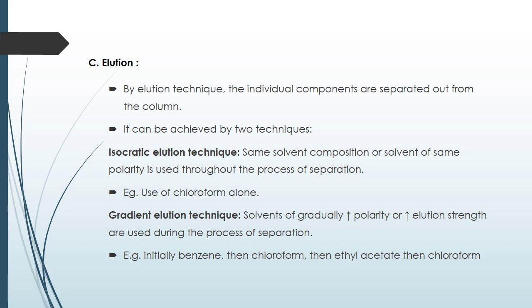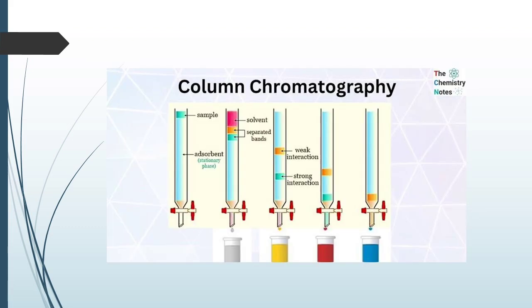Example, use of chloroform. In the gradient elution technique, a solvent of gradually increasing polarity or elution strength is used during the process of separation. Example, initially benzene, then chloroform, and then ethyl acetate.